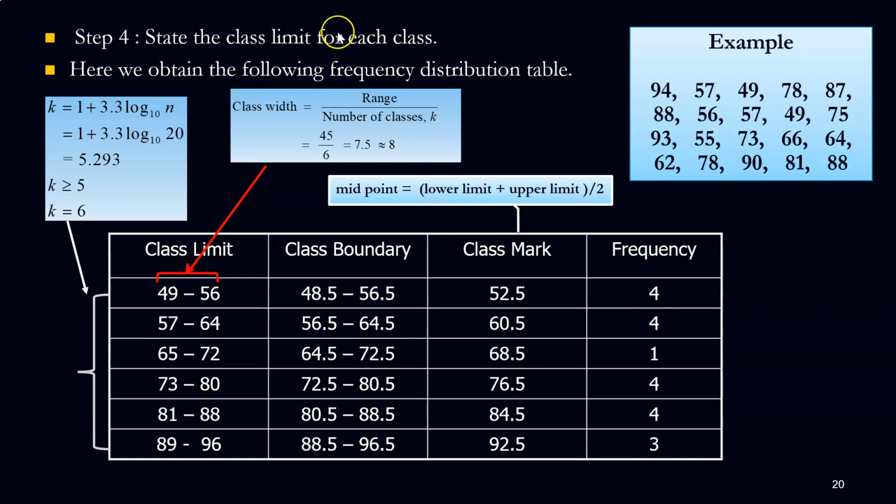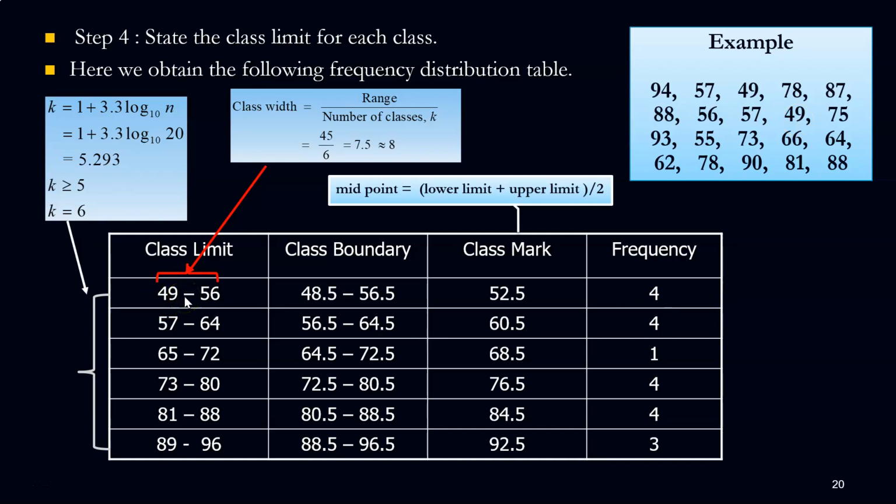Class limit. Apa tu class limit? Okay, class limit yang ni lah. This is class limit 49 until 56. You tentukan dia start dari mana sampai mana. So dekat sini the smallest is 49. So we will start with 49.